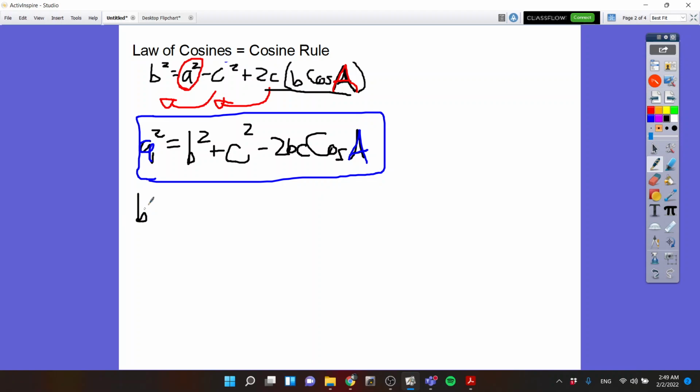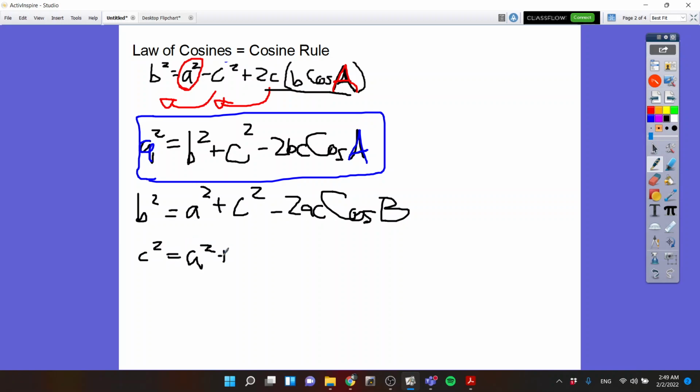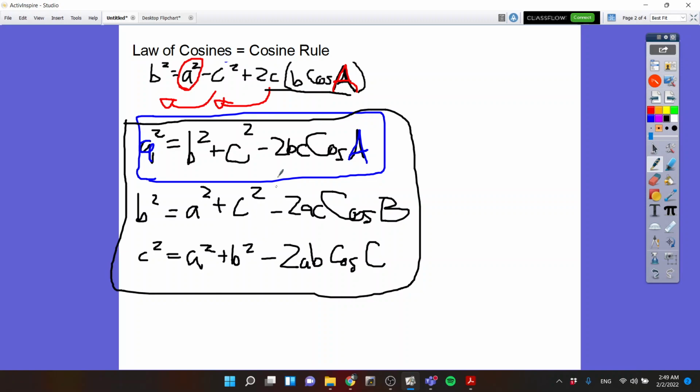So I could say B squared equals A squared plus C squared minus 2AC cosine B. Or I could say C squared equals A squared and B squared minus 2AB cosine C, because it matches the C over here. So these are all the law of cosines, and we could use any of them with any triangle, not a right triangle, any triangle.